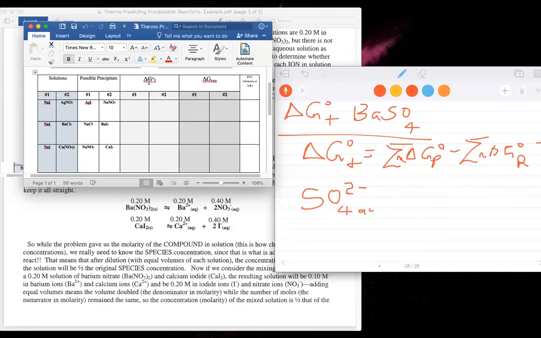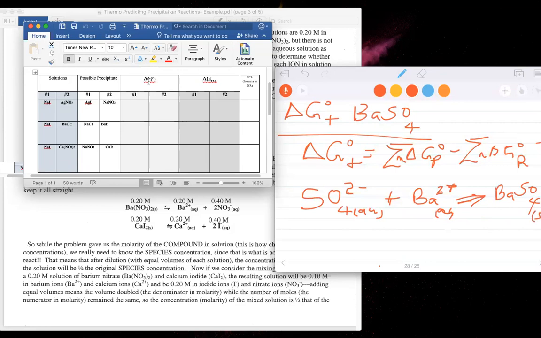In order for this to form, barium and sulfate should combine, 2 positive, aqueous, going to barium sulfate, and this is solid.